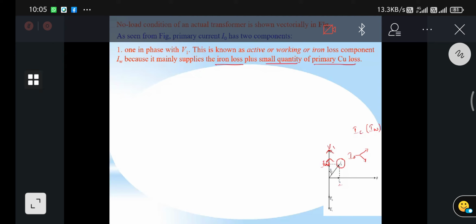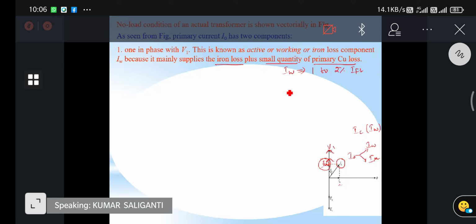One point you have to remember here: that is the IW and I mu. This IW is about 1 to 2% of full load current.